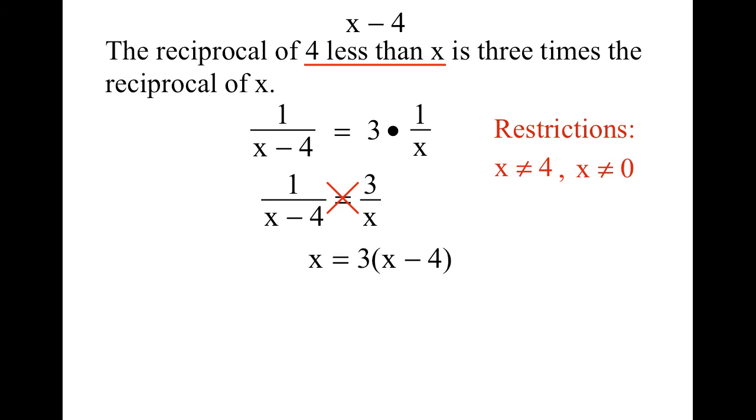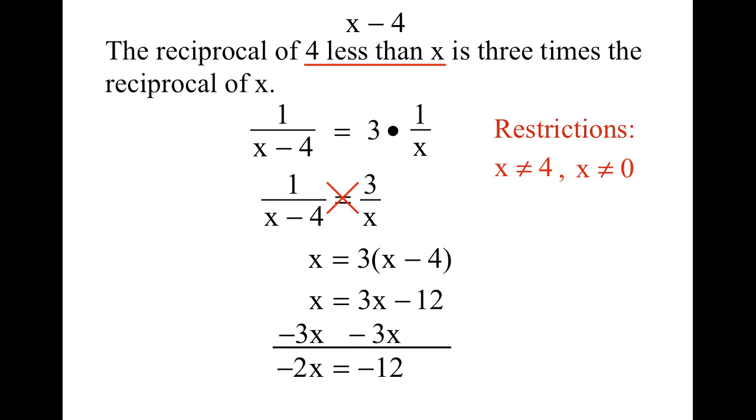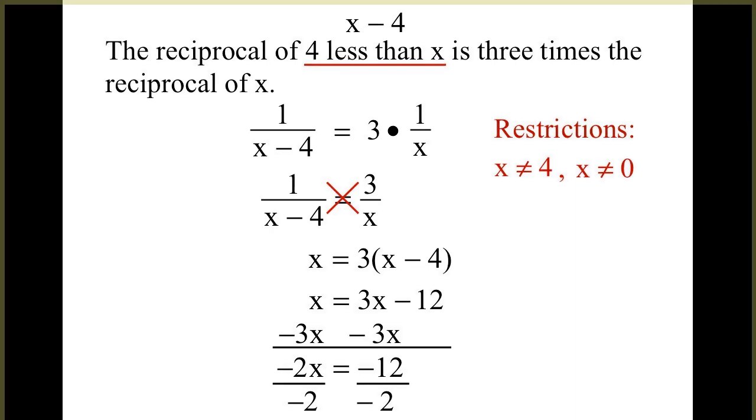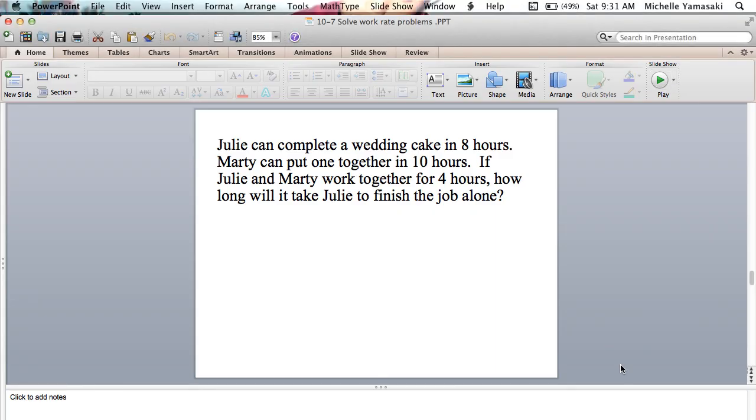It's cross products. We get, subtract 3x from both sides. We get x is equal to 6. So divide that out. And so, does that work for both denominators? Yes. So, there is the answer. And that's the lesson.